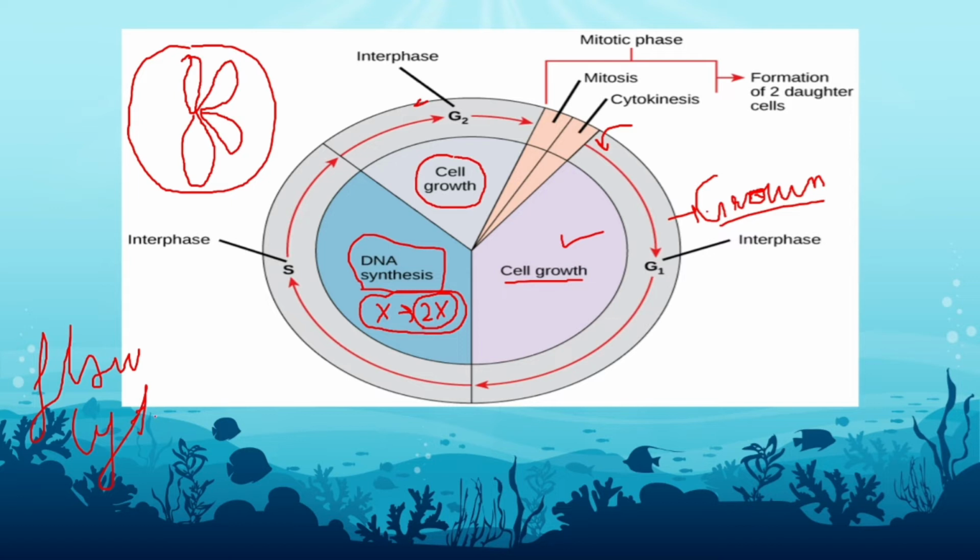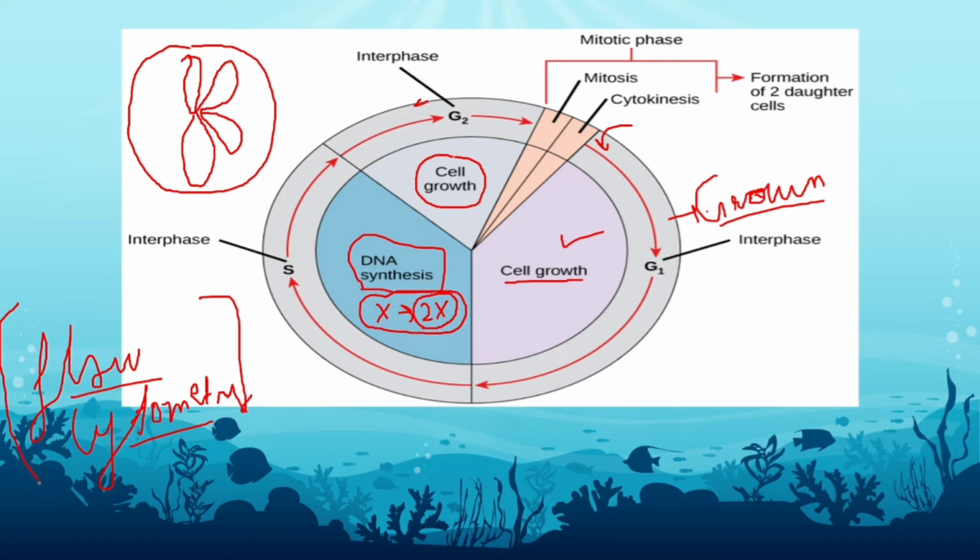Asynchronously means that some cells are in G1, some cells are in S, and some cells are in G2 and M phase. This type of division is known as asynchronous, so the suspension will be asynchronous. Then how would we know whether a particular cell is in G1, S, or G2? Here comes the role of flow cytometry.